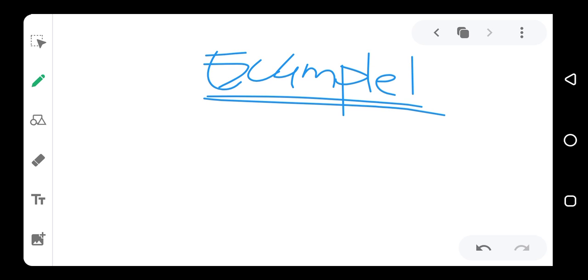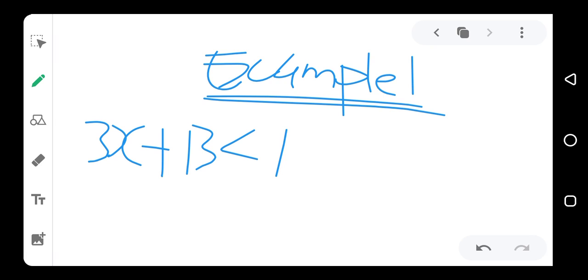Now let's solve this example. You can be asked to find the value of x. If we have 3x plus 13 is less than 1, and we are asked to find the value of x, what do we do? We solve it just like a normal equation, but when it involves division of both sides by a negative number, we change the sign.